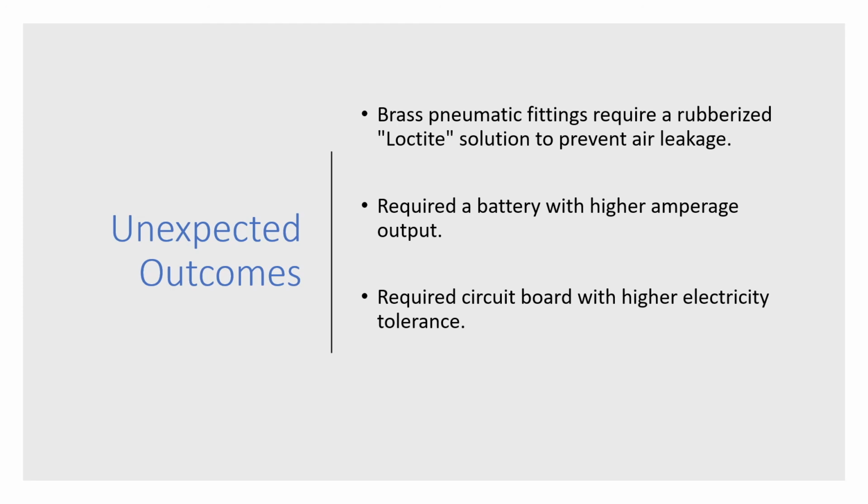So we can only release with our lower amperage battery only 70 PSIs worth of air. And also, this goes hand in hand with the circuit board, which needed higher electricity tolerance.